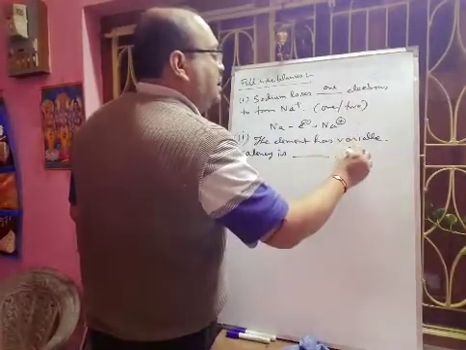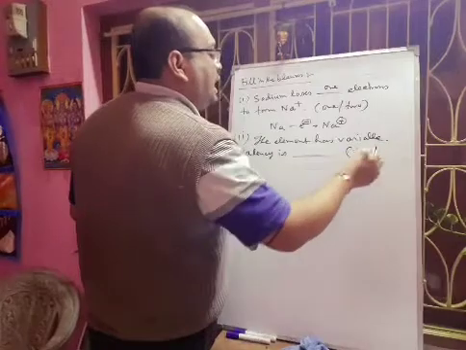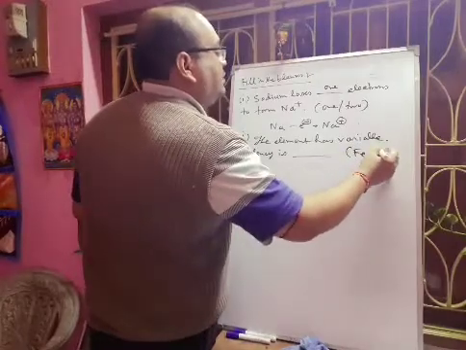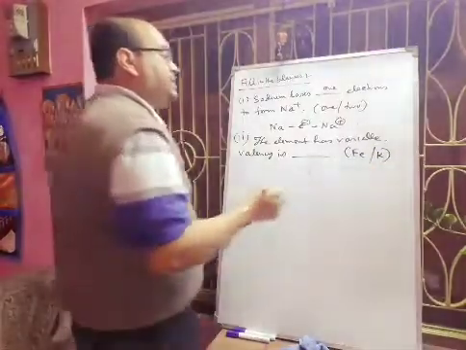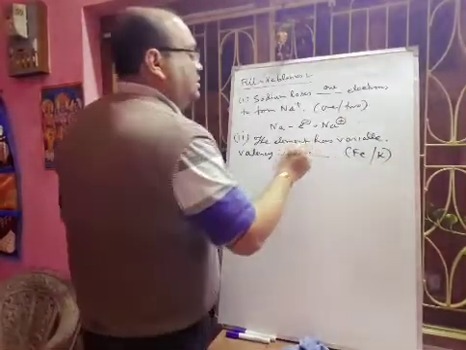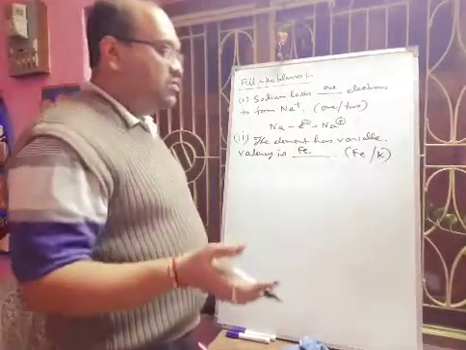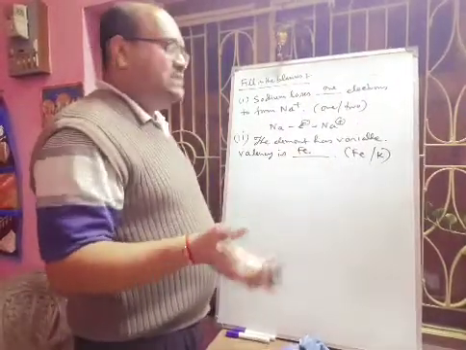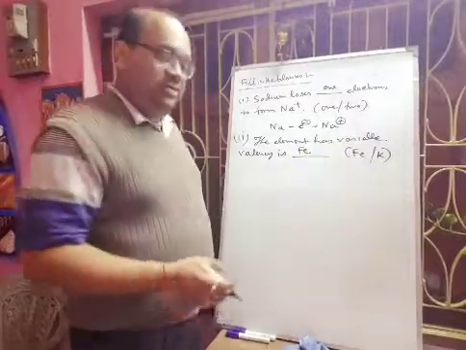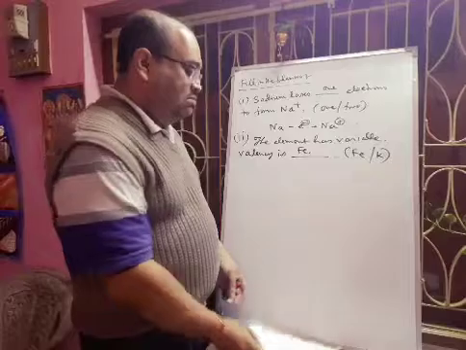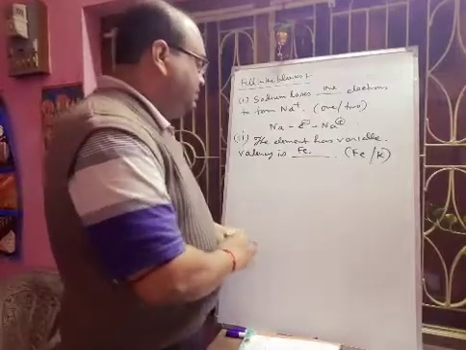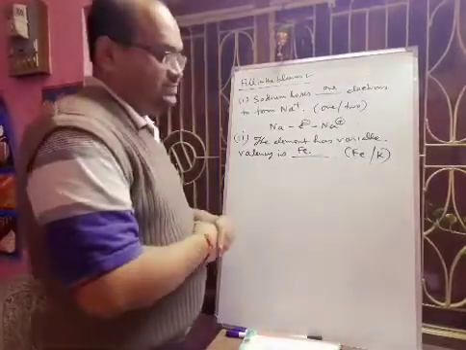Option is given iron, and another is potassium. So definitely your answer will be iron. Because iron has variable valency, more than one valency, +2 and +3, ferrous and ferric, but potassium cannot show variable valency. So in this way you have to practice the fill in the blanks type of question.